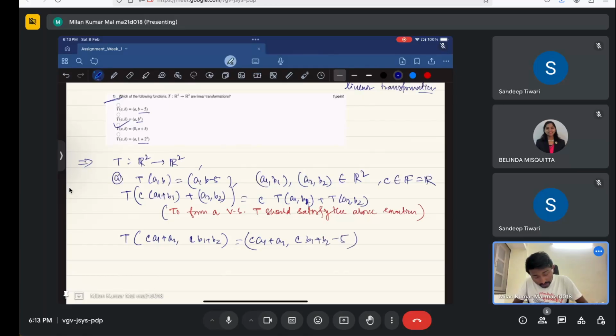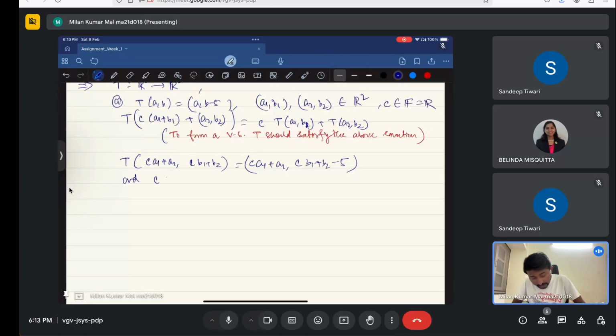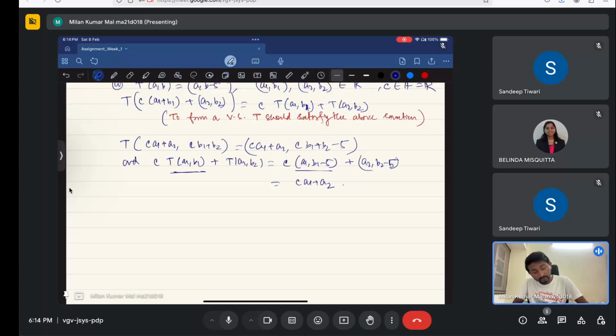And c T(a1, b1) + T(a2, b2) will be c times (a1, b1 minus 5), because T(a1, b1) is (a1, b1 minus 5), plus T(a2, b2), which is (a2, b2 minus 5). So the first coordinate will be c a1 + a2, that's true. But the second one will be c b1 minus 5c plus b2 minus 5.